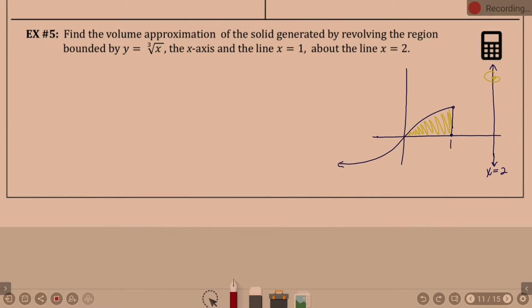Did you find big R, little r? Big R is going to go from the farthest curve to the axis of revolution. Little r, the closer curve. So there's little r, there's big R. What would you say about big R?